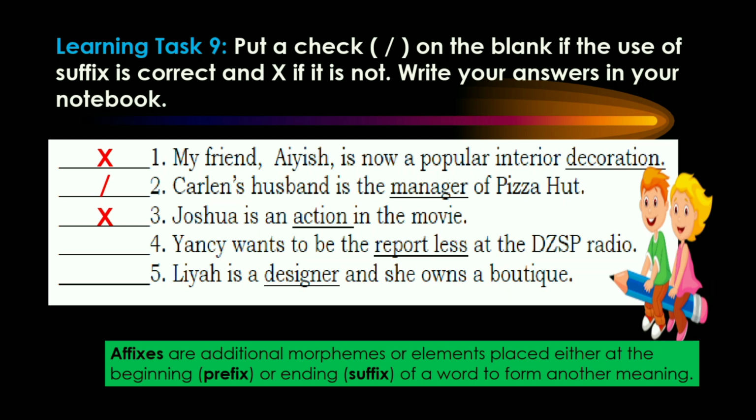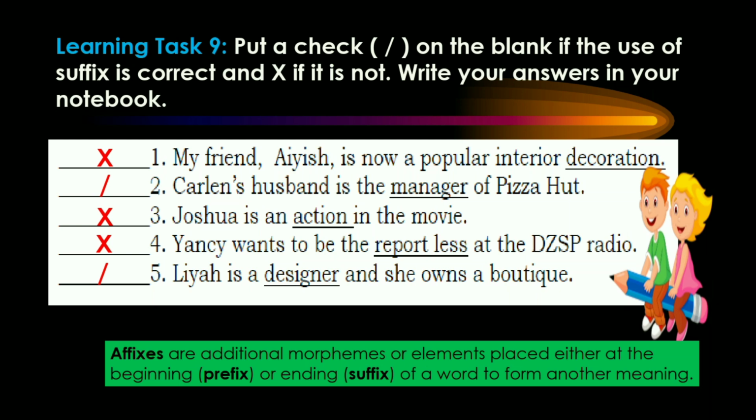Joshua is an actor in the movie. Number 4. Yancy wants to be the reportless at the DZSP radio. That's the correct answer here. It's X. It should be reporter. And number 5. Leah is a designer and she owns a boutique. That is check. So it is designer.